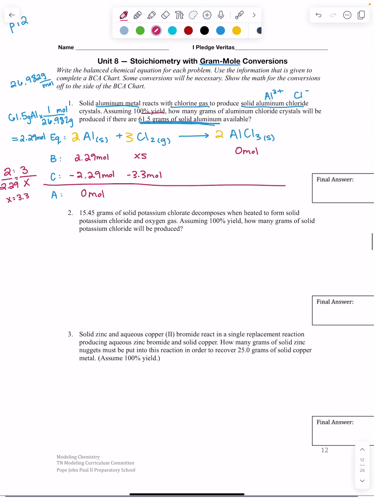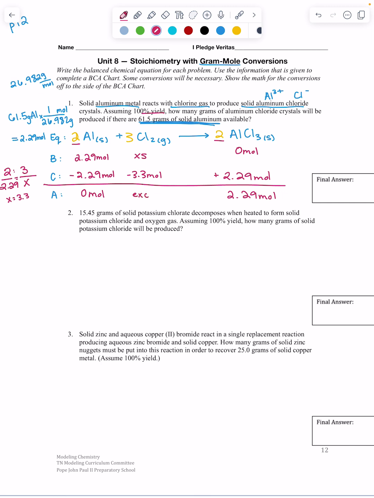So this is a 2-to-2 ratio, which is helpful because that means that however much aluminum solid reacted, that same amount of aluminum chloride was produced. And that will give me a final amount of 2.29 moles.